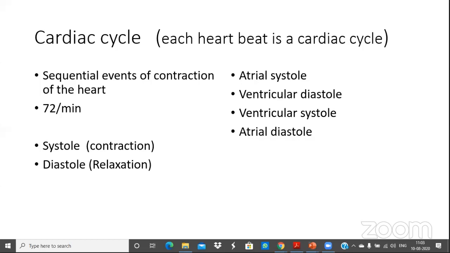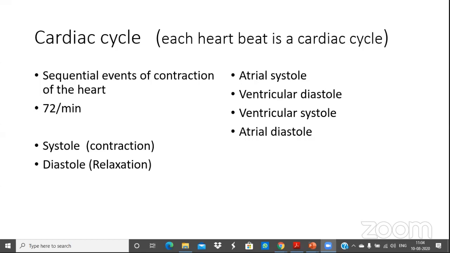Immediately, when it receives the blood during ventricular diastole, the ventricular pressure goes high, so the ventricle starts contracting. That means ventricular systole. During that time, the two valves, the tricuspid valve and bicuspid valve, close. That prevents the blood from entering back into the atrium.